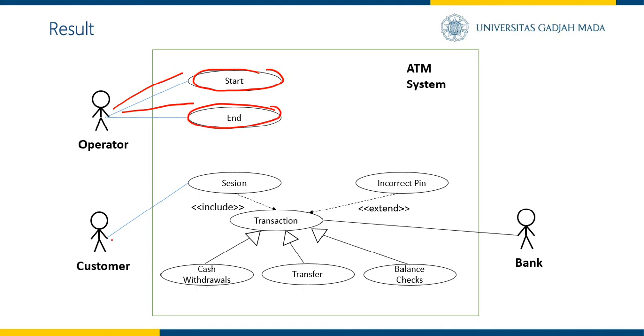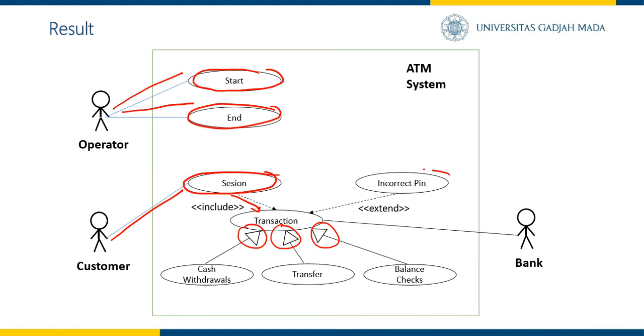While the customer has a session, and the session includes a transaction, and the transaction is a generalization of cash withdrawals, transfers, as well as balance checks. This is the symbol of generalization, which means cash withdrawal is also a transaction, transfer is also a transaction, balance checking is also a transaction.